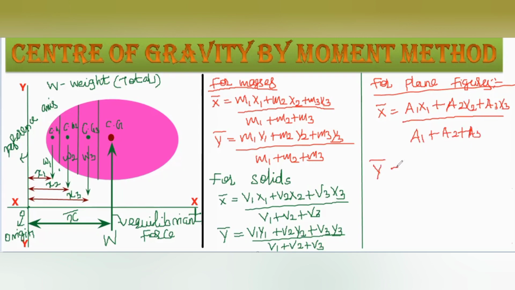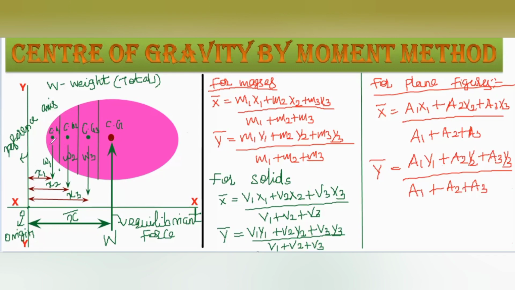Same way, y bar equals a1 y1 plus a2 y2 plus a3 y3 divided by a1 plus a2 plus a3. So this is the center of gravity by the moment method.